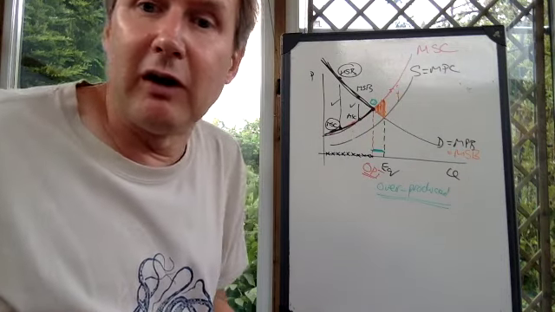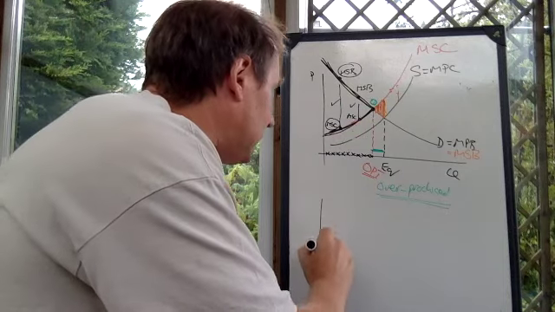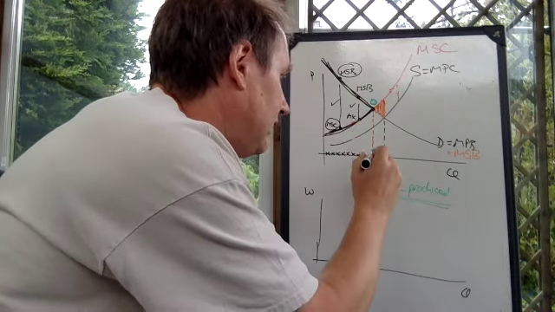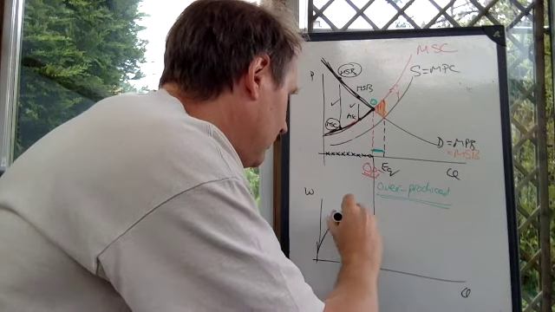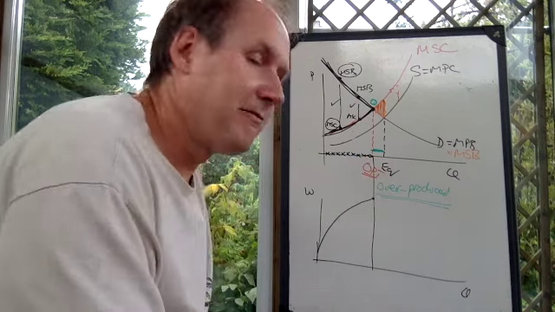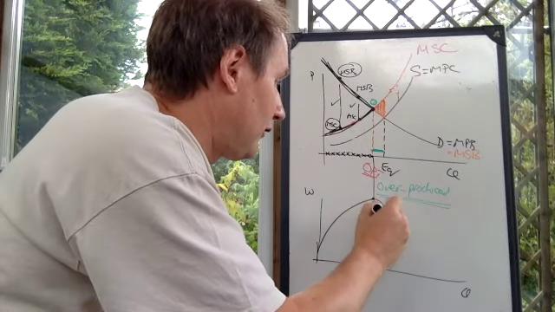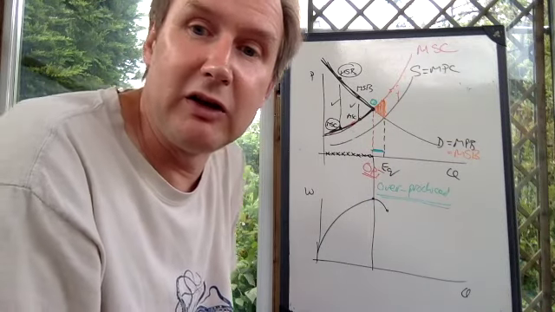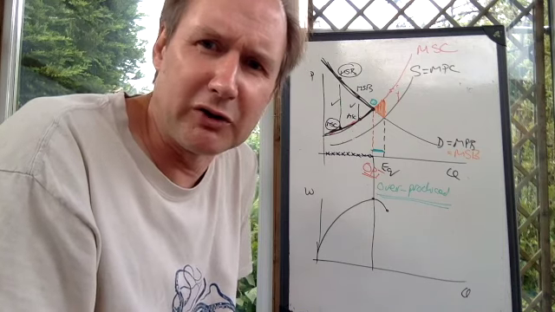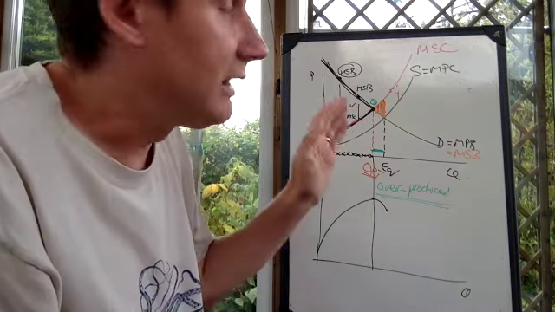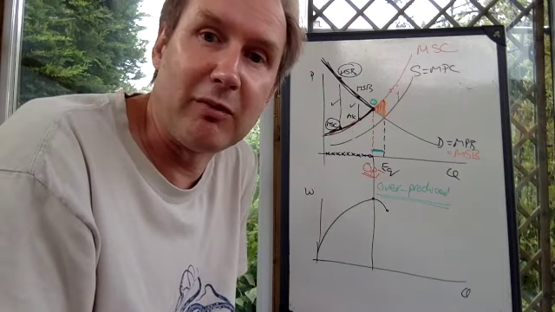If we looked at what was happening to welfare against output, up to there, welfare is going up more and more slowly, but as soon as we go past that point, welfare starts to go down again. We're making units that are undesirable. We've still got lots of welfare, but we could have had more if we had not produced those units, if we'd stayed at the optimum level.